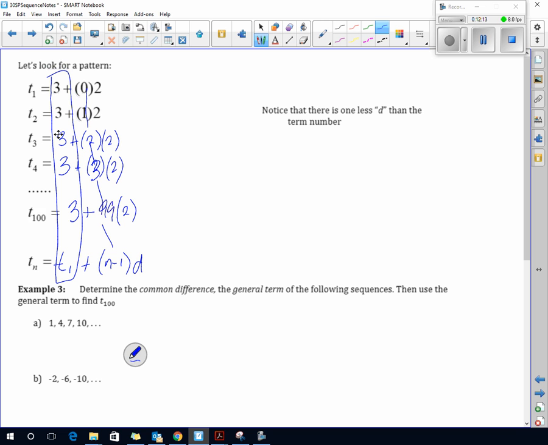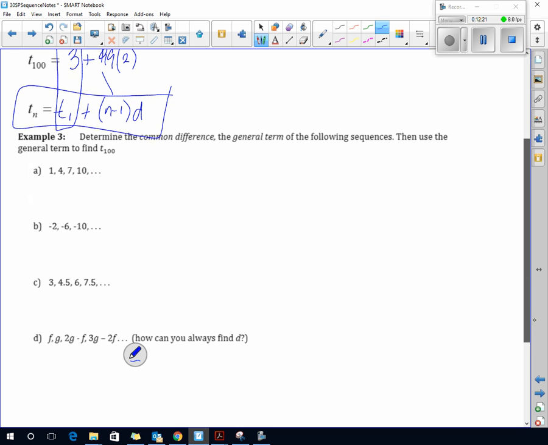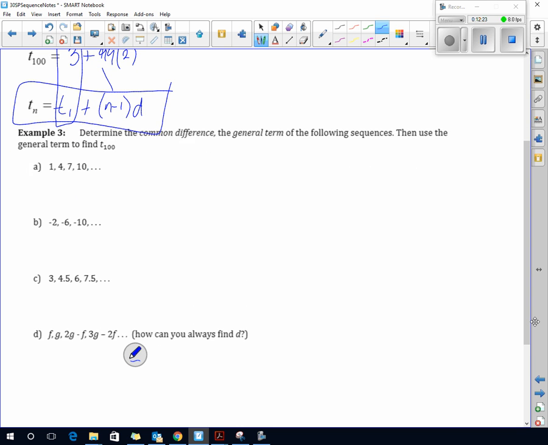So let's figure out what term 100 would be. So 1, 4, 7, 10. What's the common difference? It is 3. So let's find the general term. The general term is Tn. Tn would be the first term. What's the first term? 1, plus, this is a general term, so we're just going to use n minus 1.